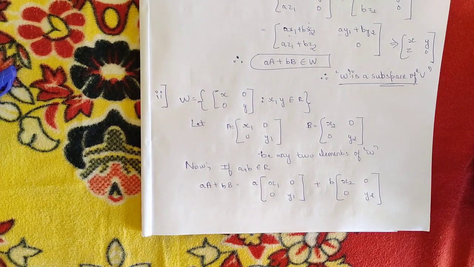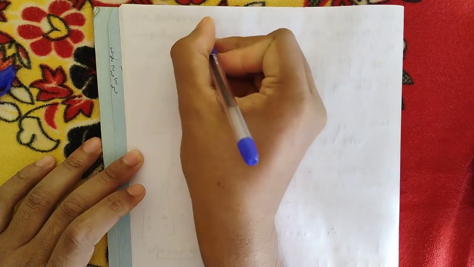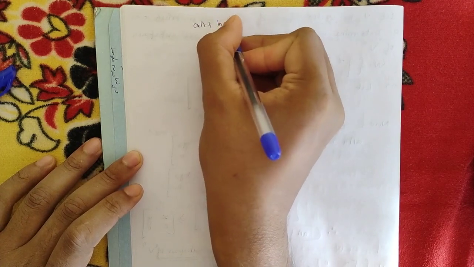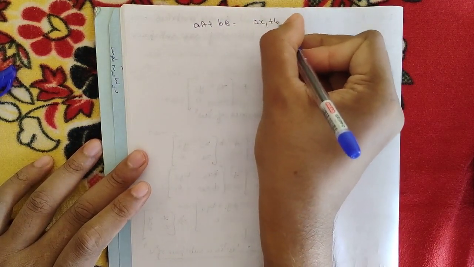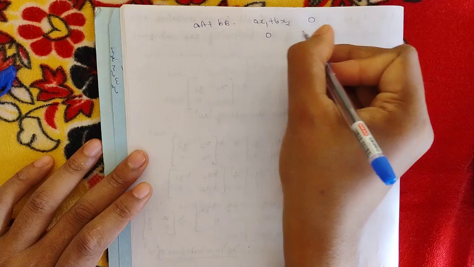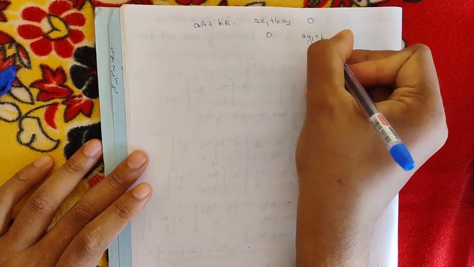If you solve like this, we would get, as we solved in the previous problem in the same way, a times A plus b times B is equal to ax1 plus bx2, 0, 0, ay1 plus by2.